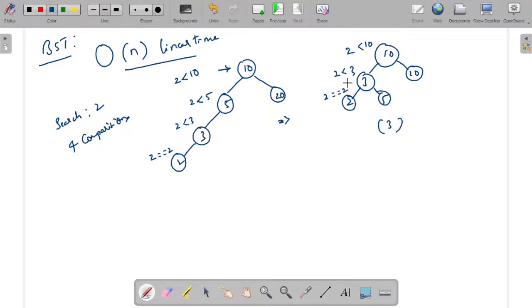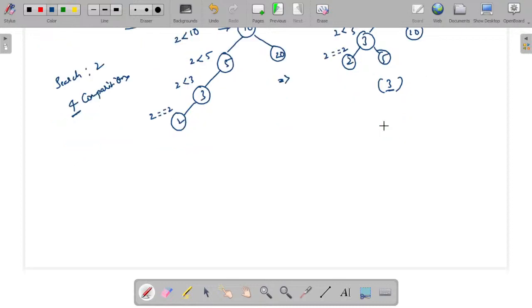This is a very small tree, so the number of comparisons is not that different. It is only 1. But imagine a bigger tree with 1000 or 2000 numbers, then this time complexity would definitely make an impact on the execution time of your program.